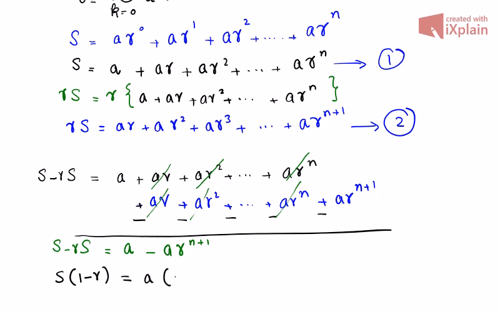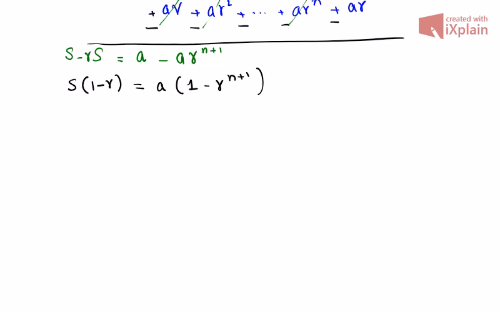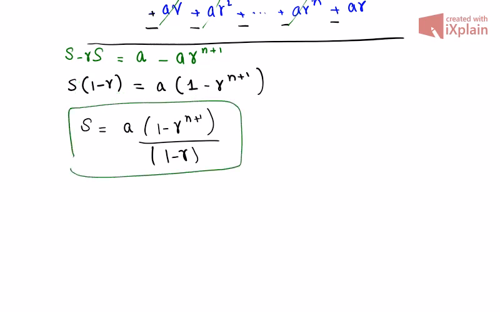You can take a common on the right, which is a times 1 minus r raised to the power n plus 1. We can rewrite our sum as S equal to a times 1 minus r raised to the power n plus 1, whole divided by 1 minus r, so we divide both sides by 1 minus r. So this is the formula for the sum for finite n.